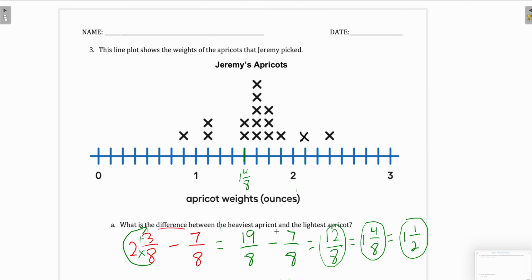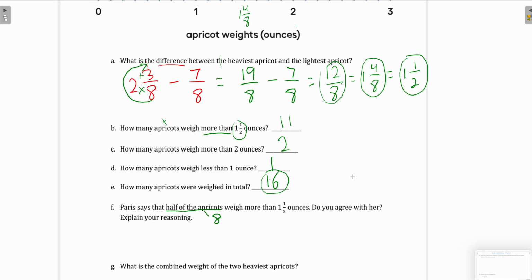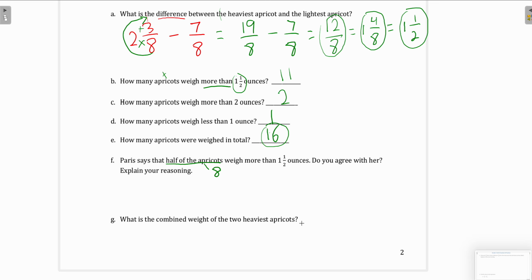Let's go to 1.5 ounces and see if there are 8 apricots there. So this is 1.5. So more than 1.5 is everything over here. So let's count it. 1, 2, 3, 4, 5, 6, 7, 8, 9, 10, 11. Yeah, that's what we said before, that how many apricots weigh more than 1.5 ounces? 11. So we can say that we don't agree.